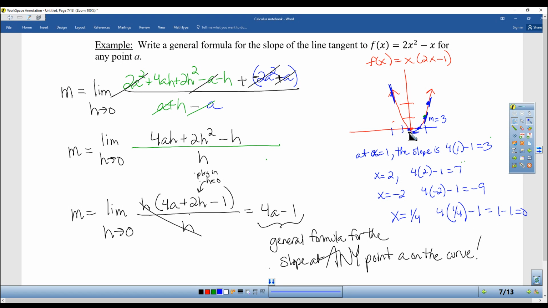Right there at 1/4, the slope is 0. So this, in my opinion, is just amazing. Not only have we invented a fake point, we invented two fake points, and we use them to make a formula that will allow us now to find the slope anywhere along the curve. And that is truly the key to calculus.